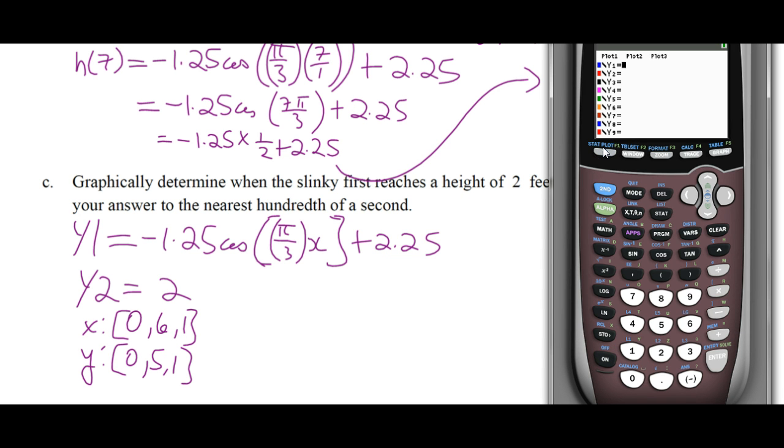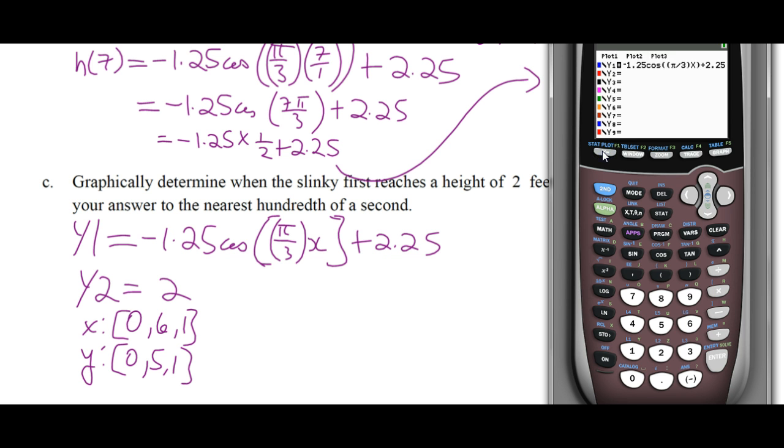Y equals, so this will be in radians just because it opens in radians. cos pi over 3. I just like to throw that in brackets because I guess you could enter it as a fraction too. Plus 2.25, and the window says 0 to 6 and 0 to 5.